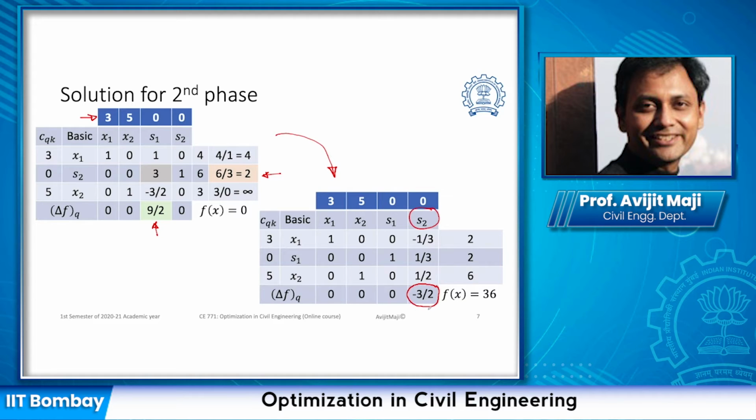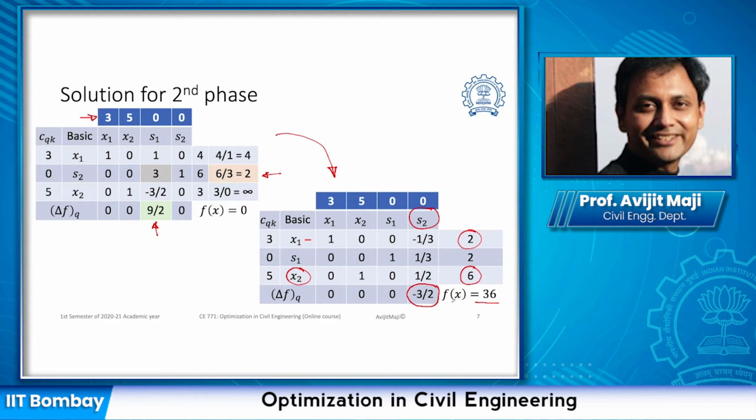So at this point we are going to stop or terminate the process and report the objective function value as 36 and the optimum solution x1 as 2, x2 as 6, and this is our optimum solution.